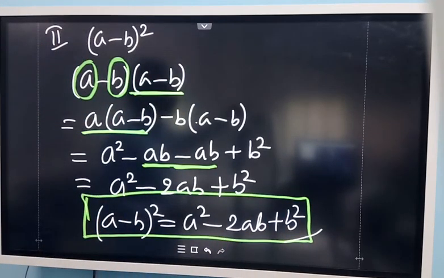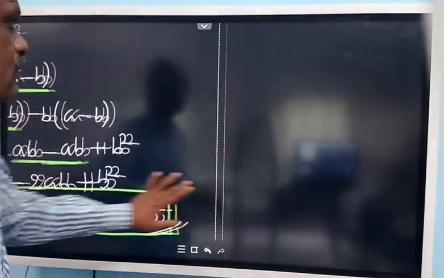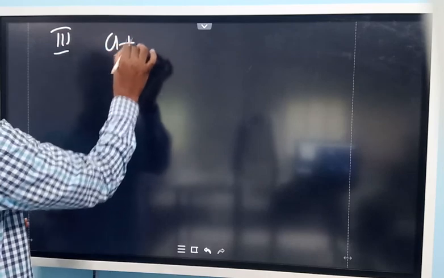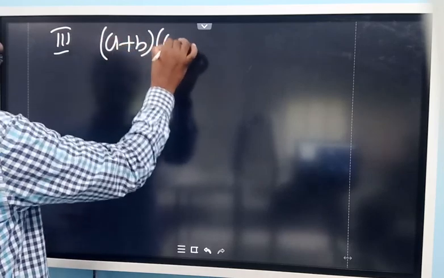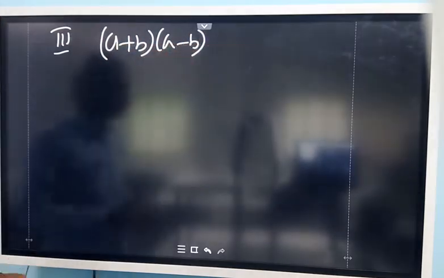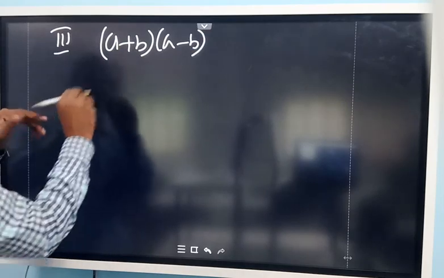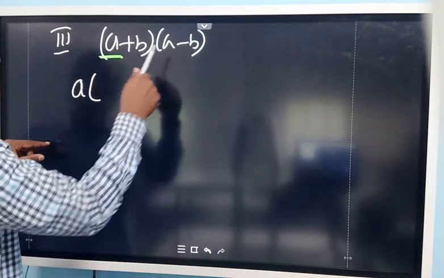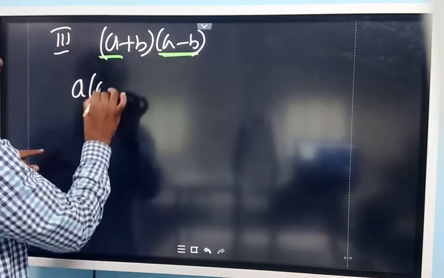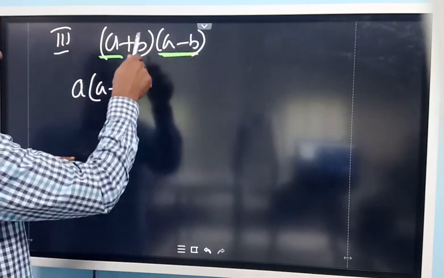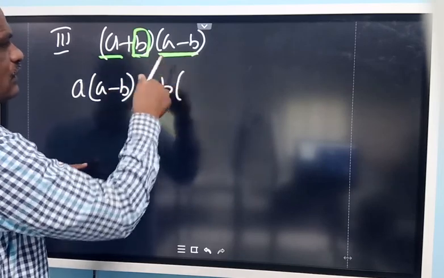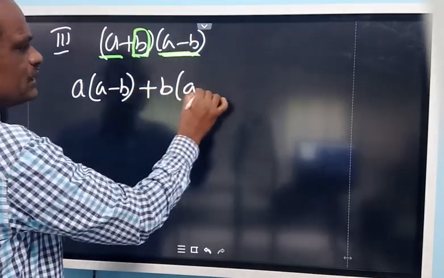Okay. Third identity, let us go to the third one. (a + b) into (a − b). So binomial by binomial, multiply this one. First select the first term a into the second expression (a − b), and then the second term, plus b, into this complete expression (a − b).